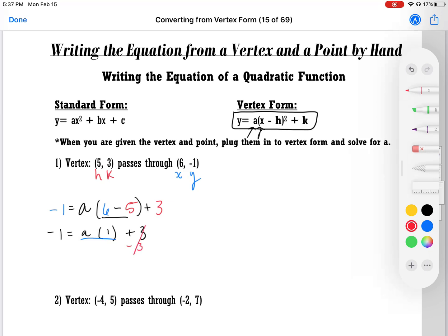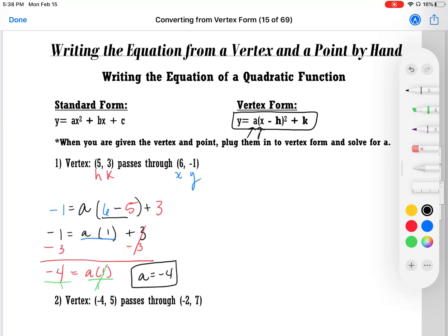So if this is plus 3, I'm going to subtract 3. -1 minus 3 is the number -4. -4 equals A times 1. The way to undo multiplication is to divide. So I divide by 1, and I divide by 1. So my final answer is that A equals -4 divided by 1, which is the number -4.